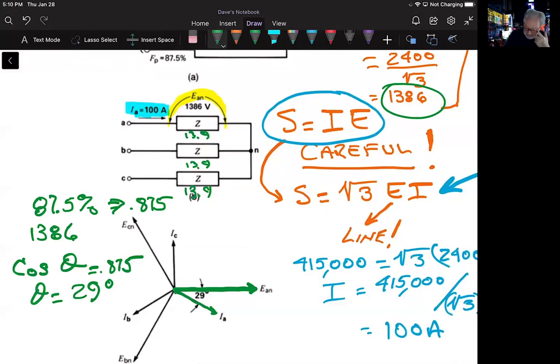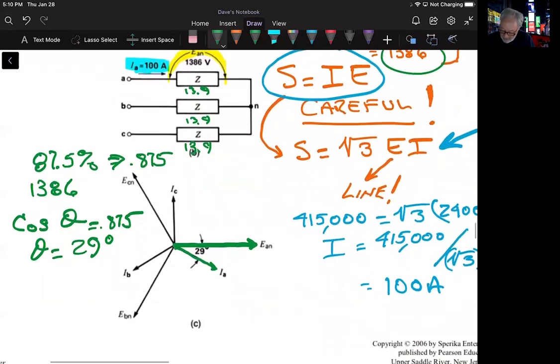And then the last thing he says is show this in terms of all of the voltage, the phase voltages. And we can definitely do that, right? We want to come 120 degrees here. And when we do that, we draw our voltage EBN.